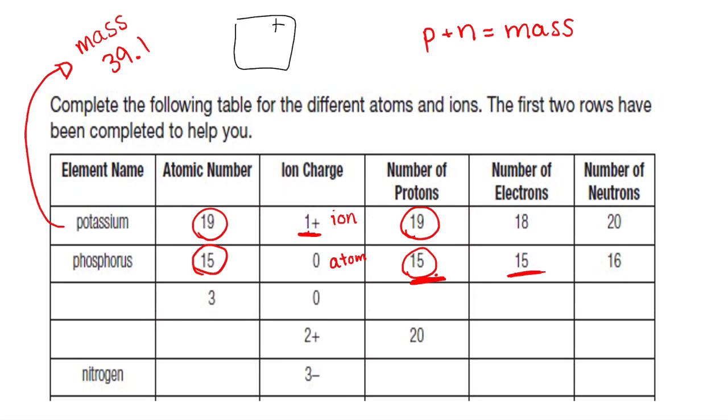So let's quickly look at how we got this 1 plus charge on potassium. So potassium is symbolized by the letter K on the periodic table. Based on its atomic number, it has 19 protons. From the table, we were told it has 18 electrons. So we're dealing with an ion. We have 19 protons, which each have a +1 charge, giving us a value of positive 19.